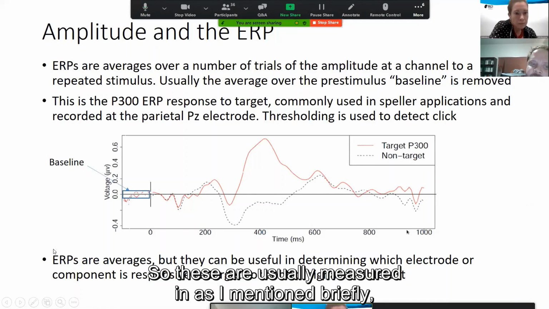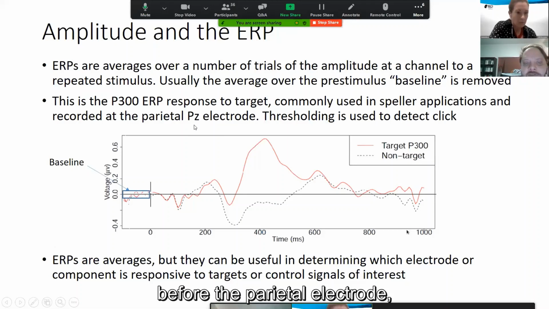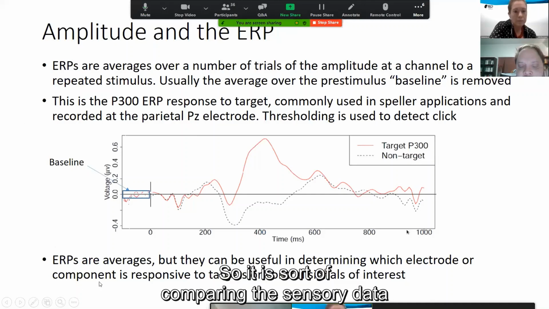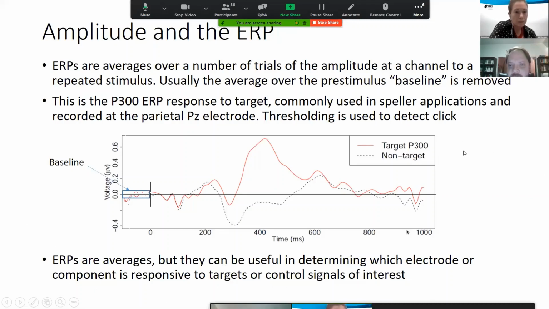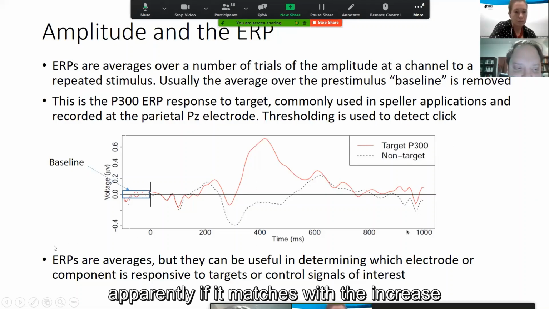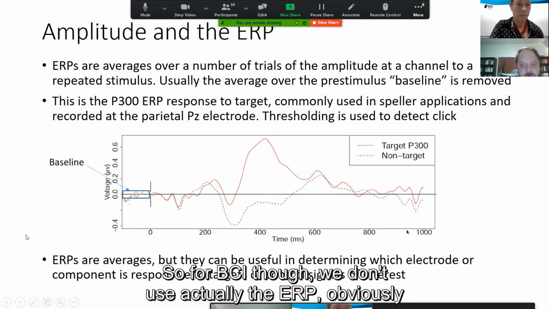These are usually measured at the parietal electrode, which is the sensory associative area. So it is comparing the sensory data to a target pattern, and then responding if it matches with increased neural activity, which creates this peak.